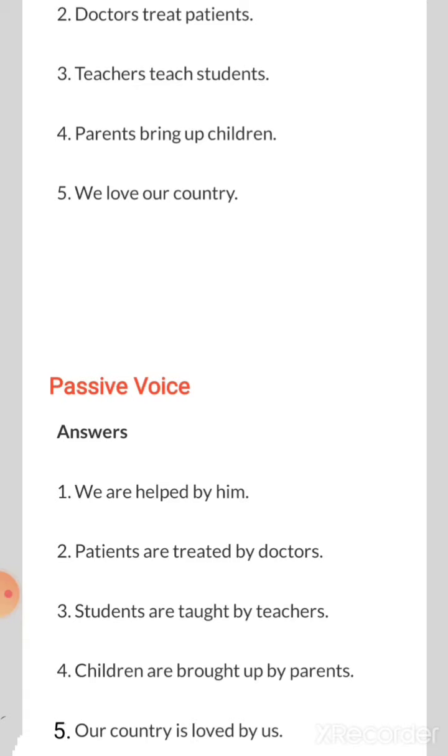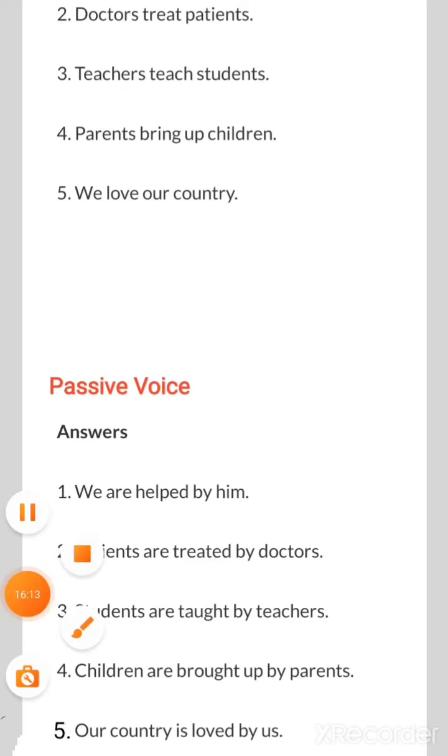Next, parents bring up children. Children are brought up. The past participle form of bring is brought. So children are brought up by parents. Okay. Next, we love our country.